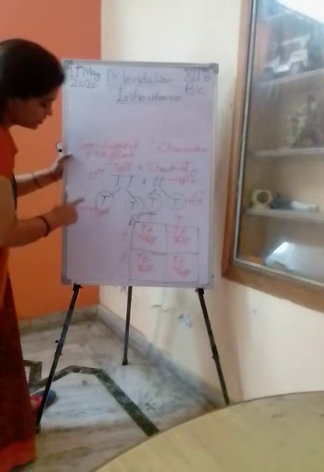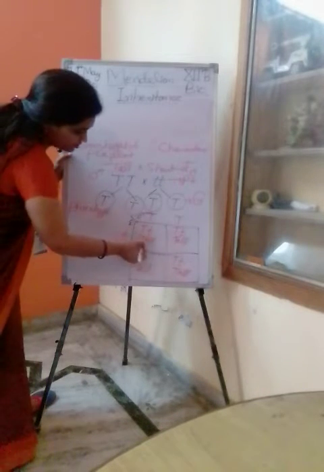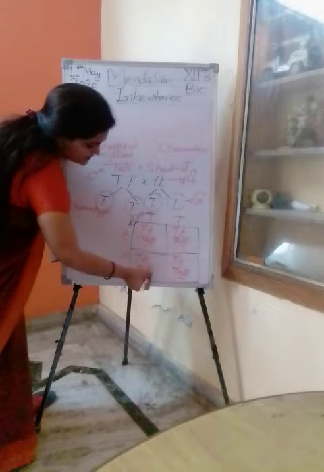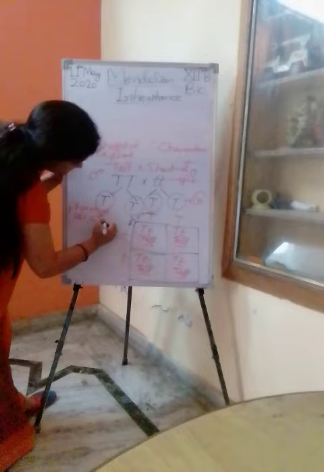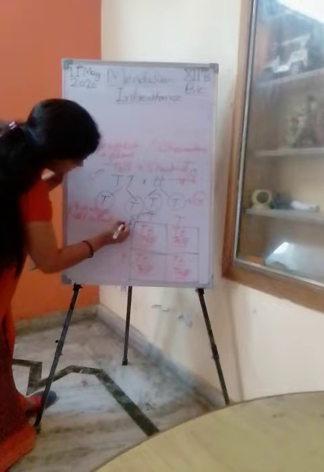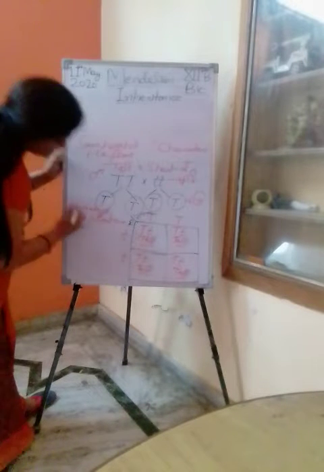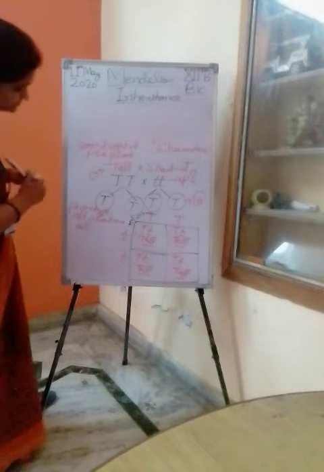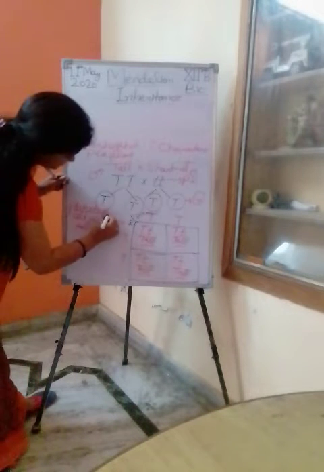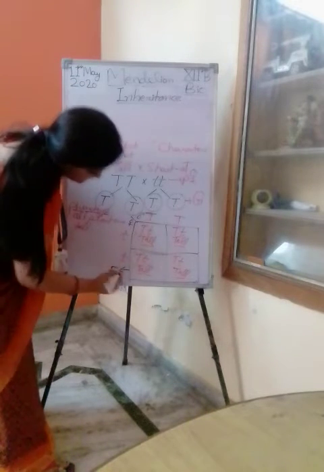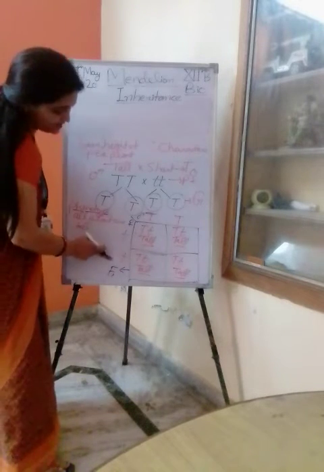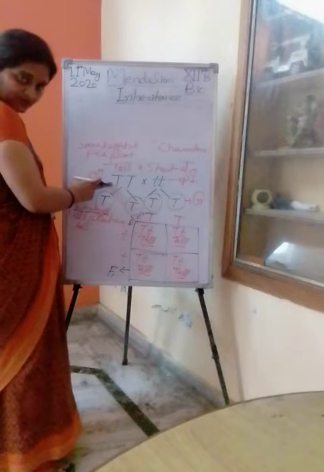What will they look like? All plants look tall externally. So you can write: all plants are tall. That is the very important phenotype of this F1 generation. F1 is the filial generation, formed from the parents.